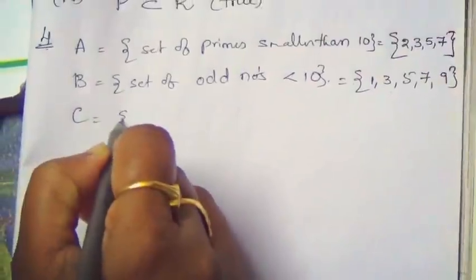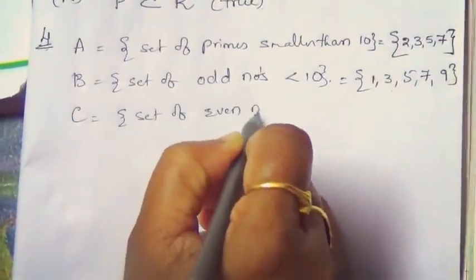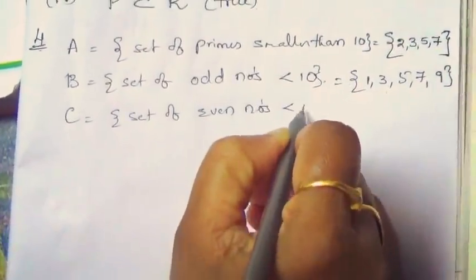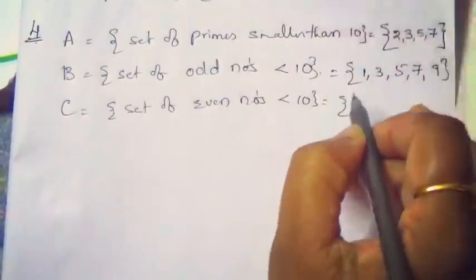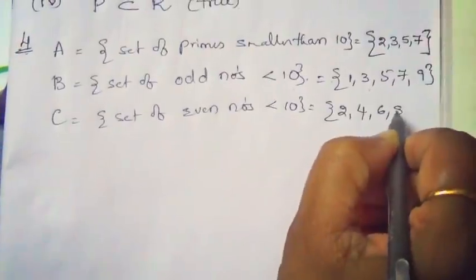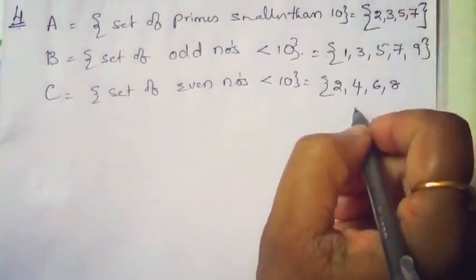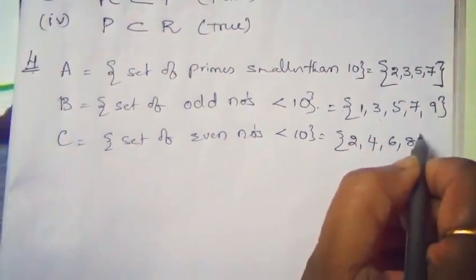C is equal to the set of even numbers less than 10. As we know, the even numbers are 2, 4, 6, 8. That's it. No need to write 10. Why? Because less than 10.